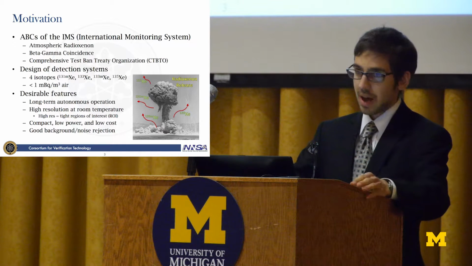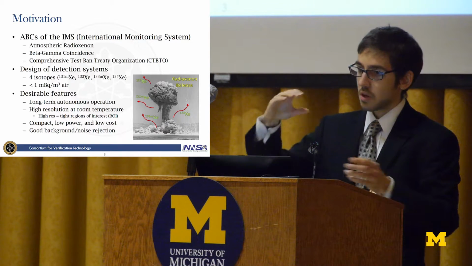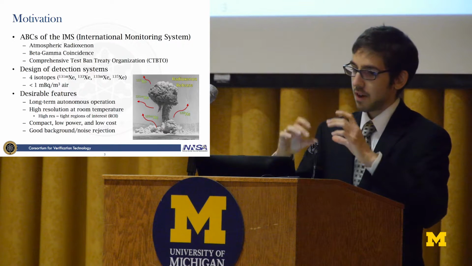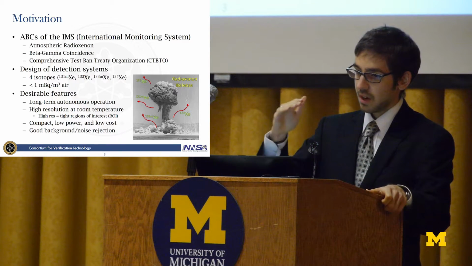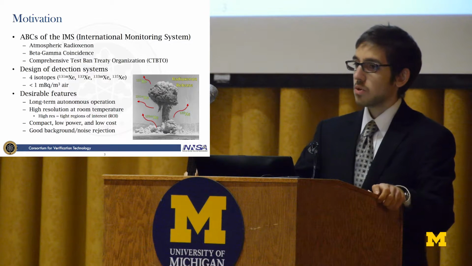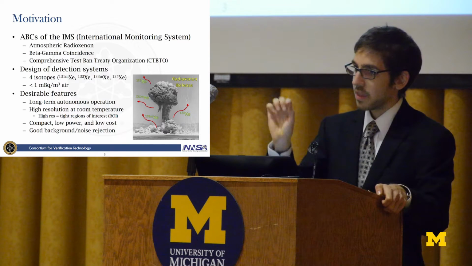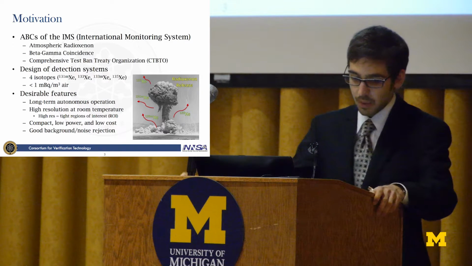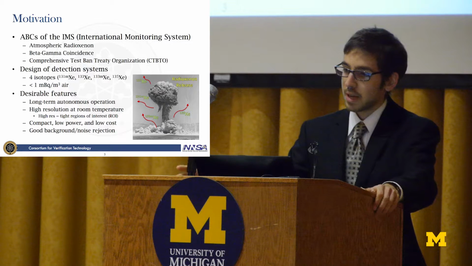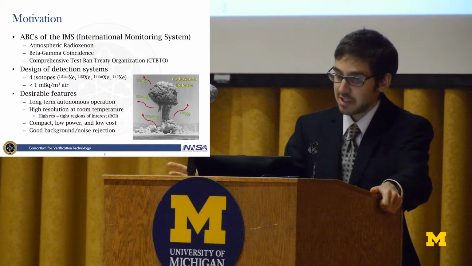If you have a smaller ROI, you have reduced overlap between ROIs from these different isotopes, and not only do you have less overlap, you have less of a chance of a background coincidence occurring within these ROIs. And so if you have smaller ROIs, you can have a better minimum detectable concentration with your detection system, and that means a better detection system overall.